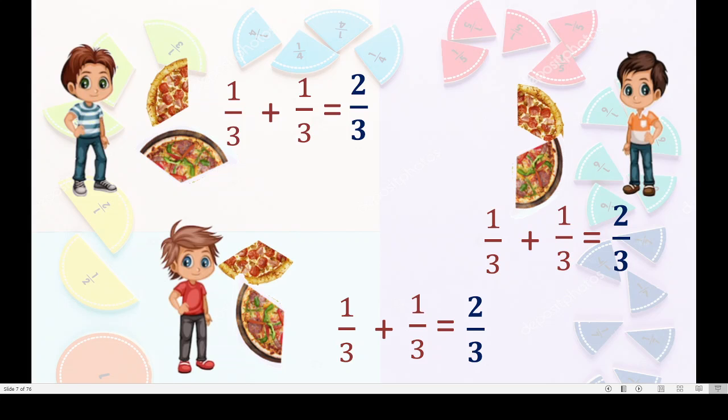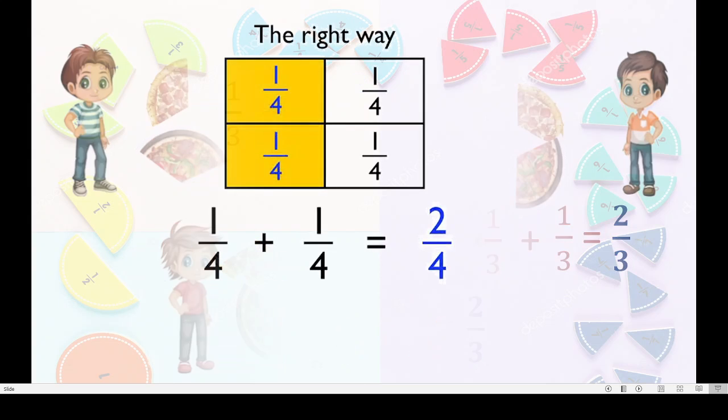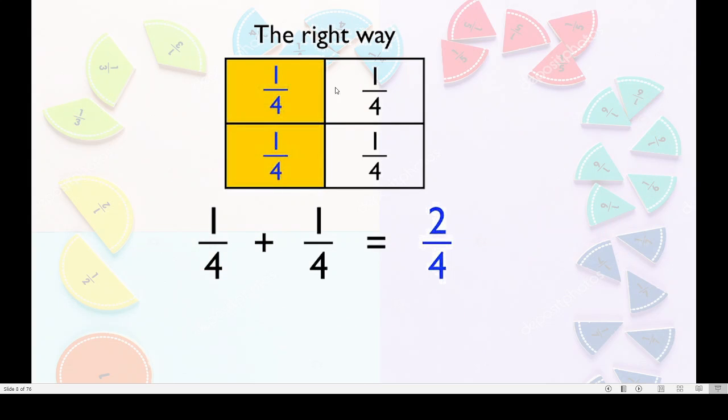Got this, children? When we add fractions with the same denominator, we can add directly. Okay? Now we will try to solve some more like this. Here you can see a rectangle is divided into 4 pieces.